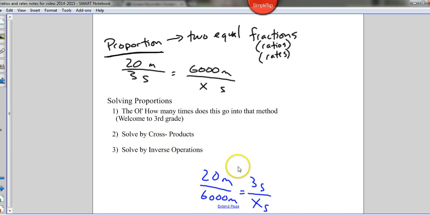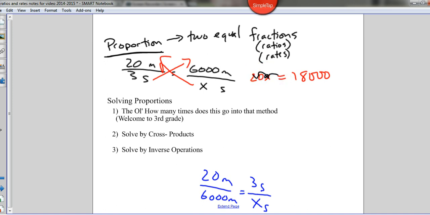I can use cross products. Cross products says that if I multiply 3 times 6,000, that gives me 18,000. That product is equal to x times 20, which is 20x.